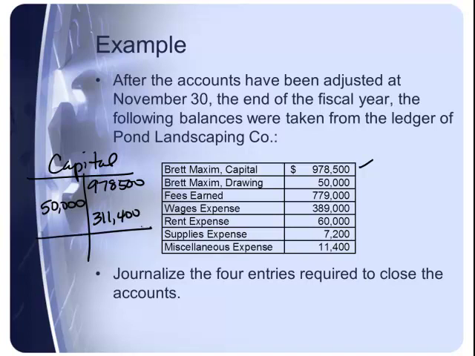Now his capital: take $978,500 plus $311,400 minus 50. His new capital balance is $1,239,900. Okay, he started out with $978,500. He took out 50. The business made net income of $311,000. So now his new capital is $1,239,900. This is the number that is reported on the balance sheet. That's the number that's the ending capital on his statement of owner's equity.